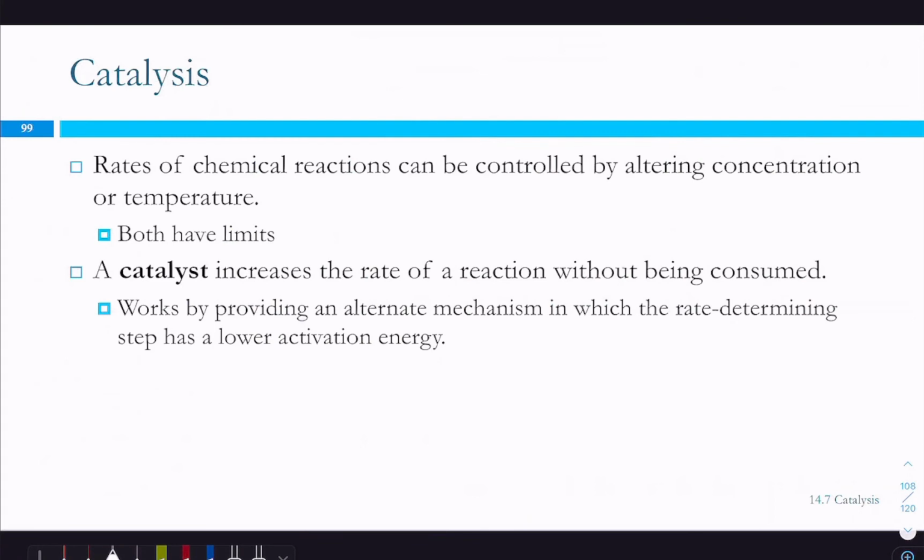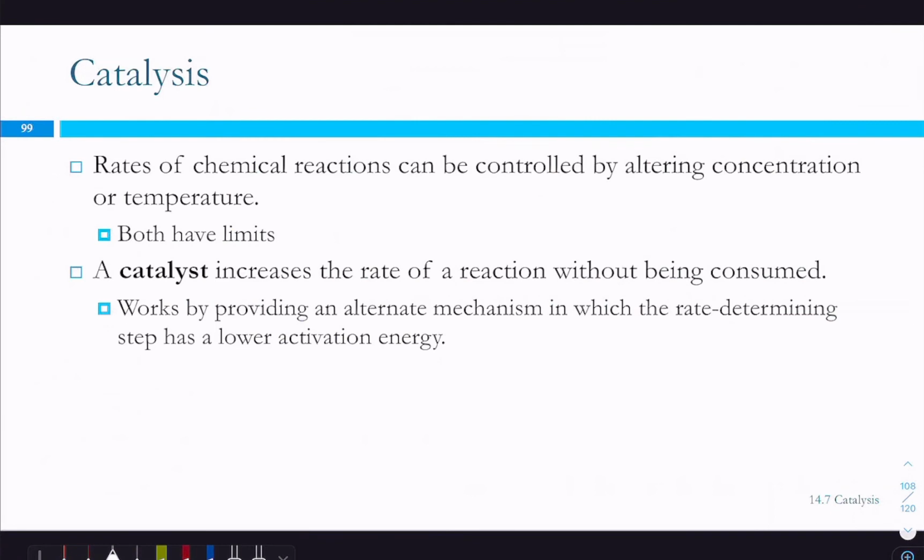Because now any activation energy barrier that you couldn't cross at a normal reaction temperature, you'll be able to make side products and junk. But adding a catalyst increases the rate of the reaction and doesn't use up the catalyst. So by definition, a catalyst doesn't actually become one of the products.